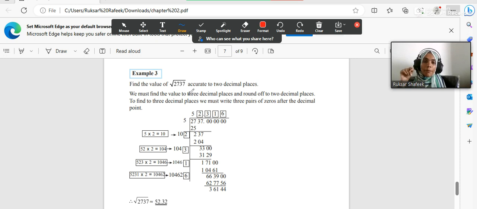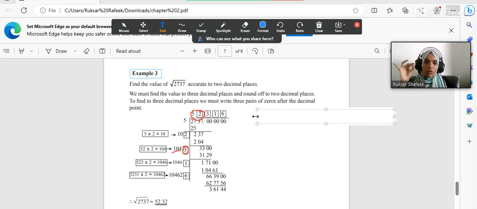But what's our next step? Now this time when you're doubling, you're not just going to double 5 or 2, you're going to double 52. So when you double 52, you get the answer 104, and you need to find the closest number that will give you the answer 3,300. So by just looking at it, 3 would give me the right answer, somewhere close to that.